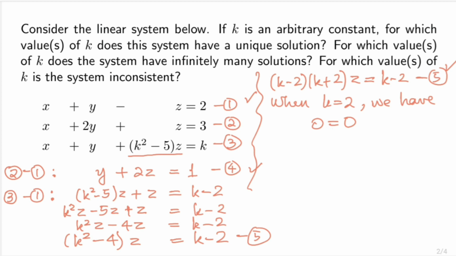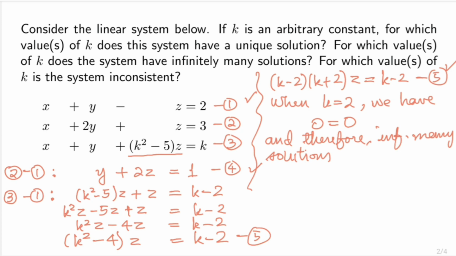And if z is allowed to take any arbitrary value, then our system has infinitely many solutions. So when k equals 2, we have 0 equals 0, and therefore infinitely many solutions.